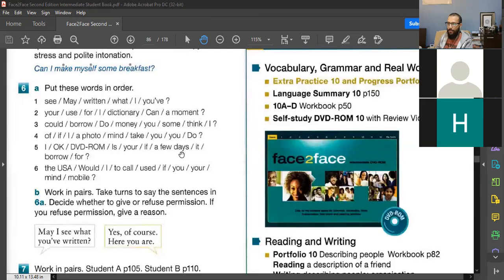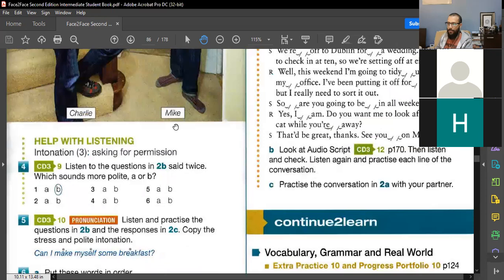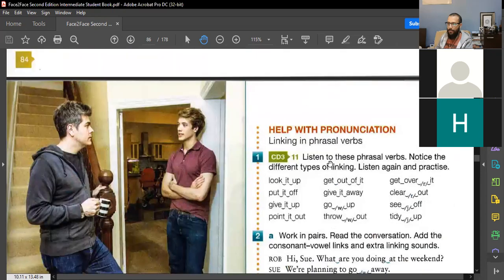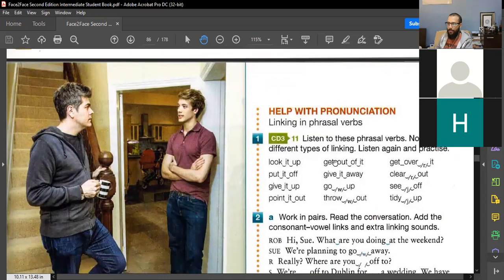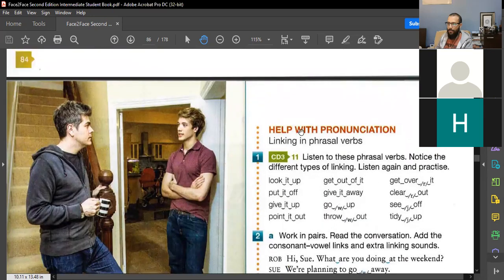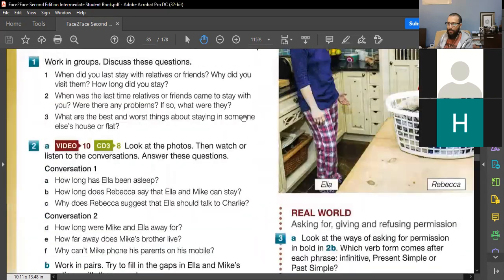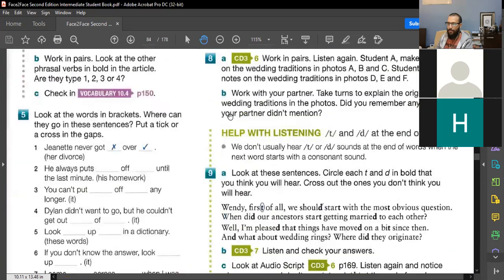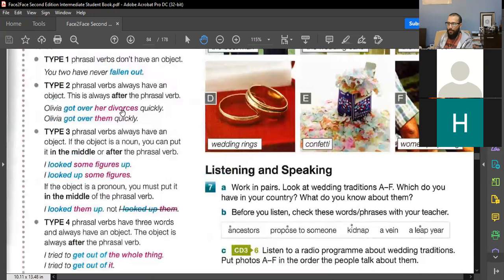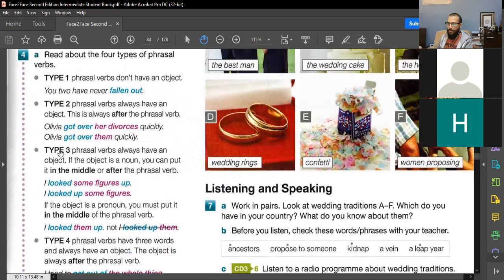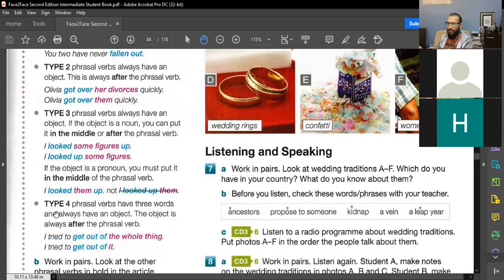All right, very nice. So now we're going to do a little bit of pronunciation. I want you to pay attention to the linking here in the phrasal verbs. Remember the lesson where we talked about the different types of phrasal verbs? We talked about type 1, type 2, type 3, type 4.